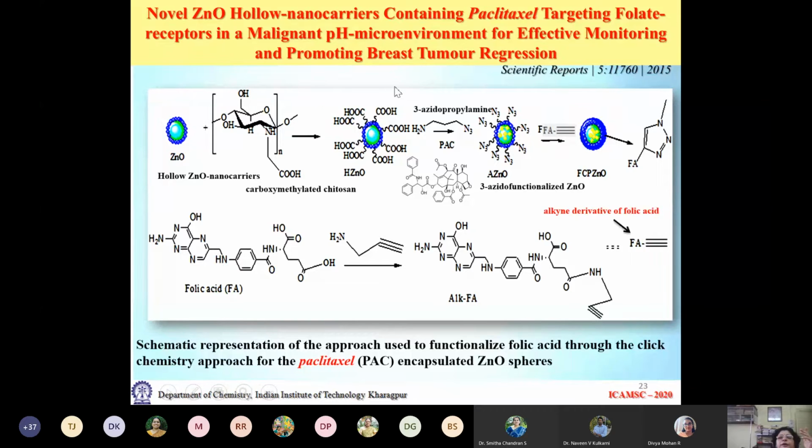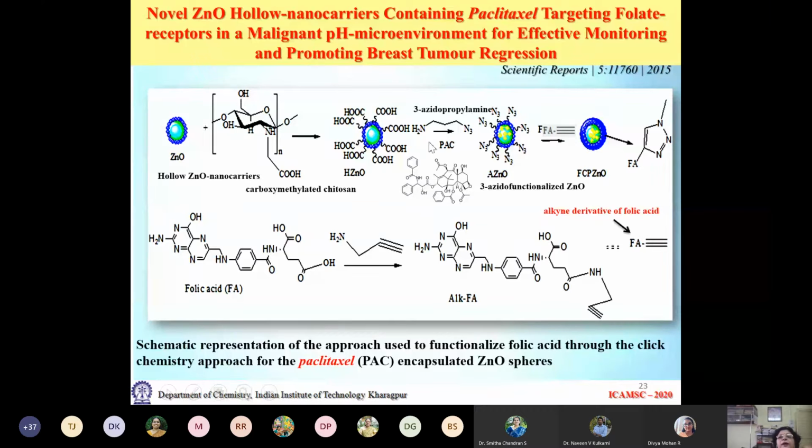Then what you do, here we are trying to target the breast cancer, so we can use the folate receptor, and the drug we are using is paclitaxel. Paclitaxel is used in the loading. So how do we have to load it?